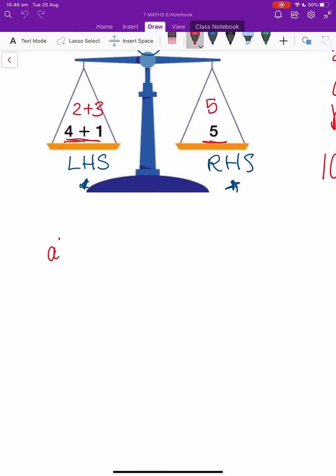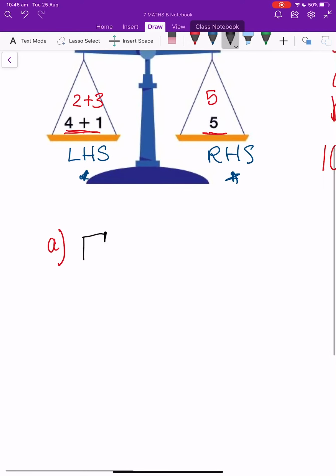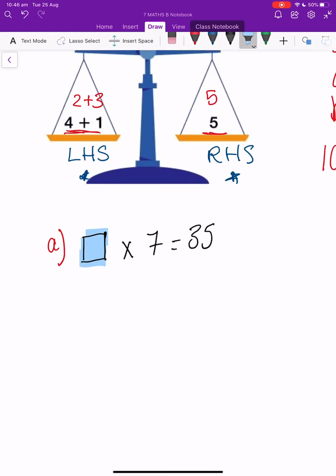So if I gave you, let's just say, a blank box times 7 equals 35. So there's an unknown number that goes here, that when multiplied by 7 gives 35.